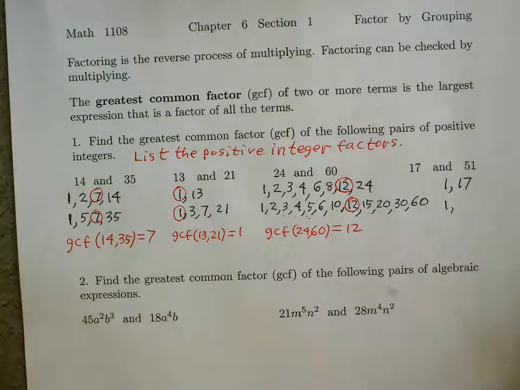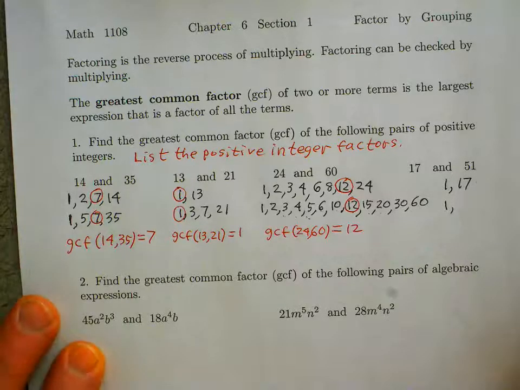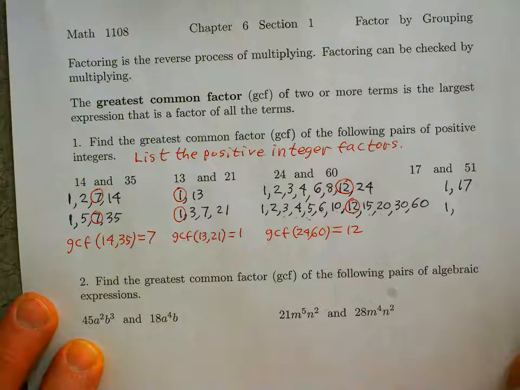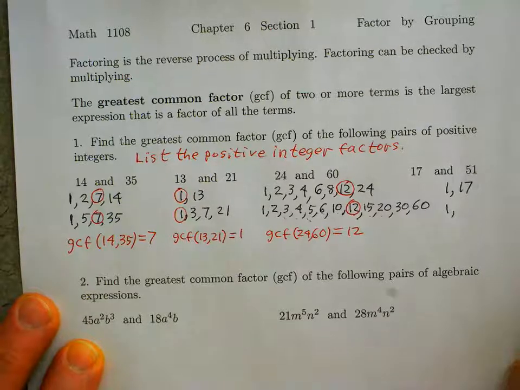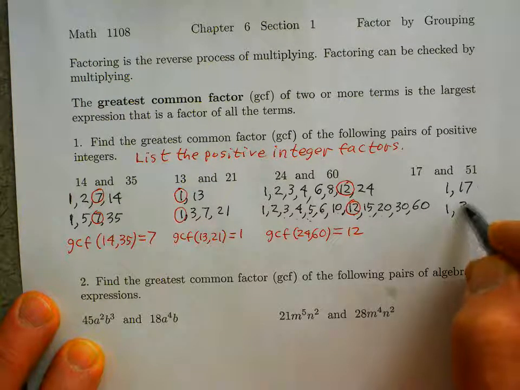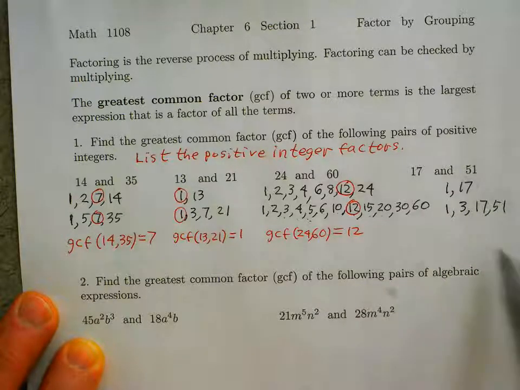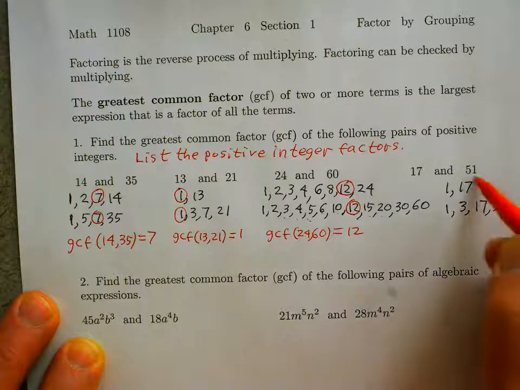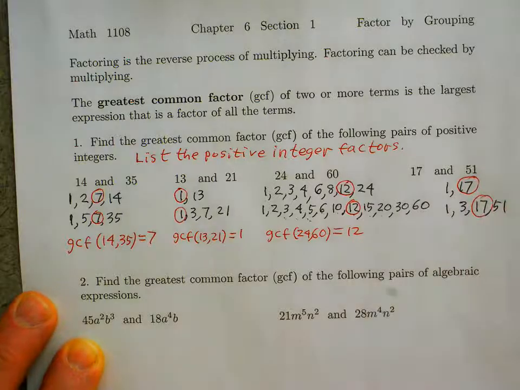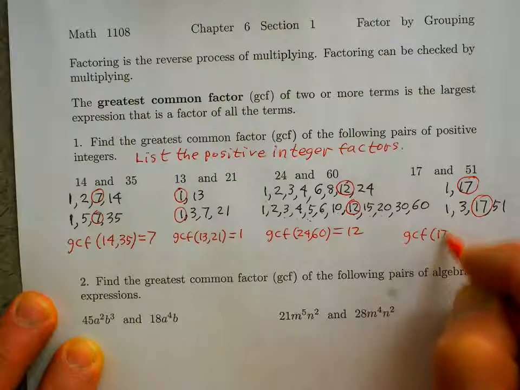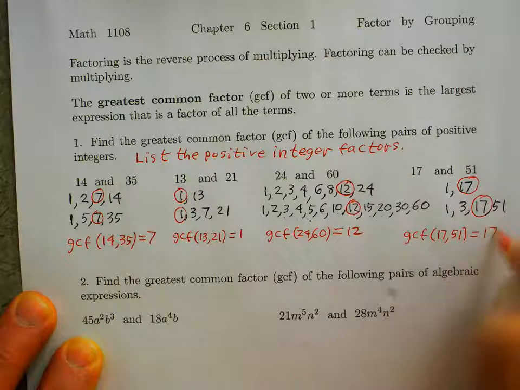Then what? 3 is an integer factor. 3 goes into 51 17 times. So 1, 3, 17, and 51, those are the only positive integer factors of 51. And so the greatest common factor of 17 and 51 is 17.